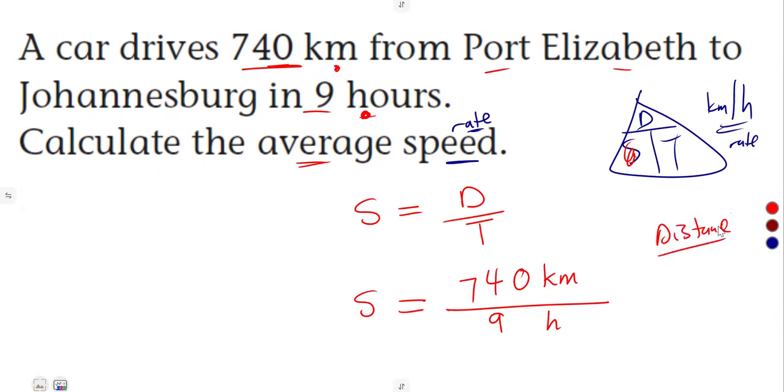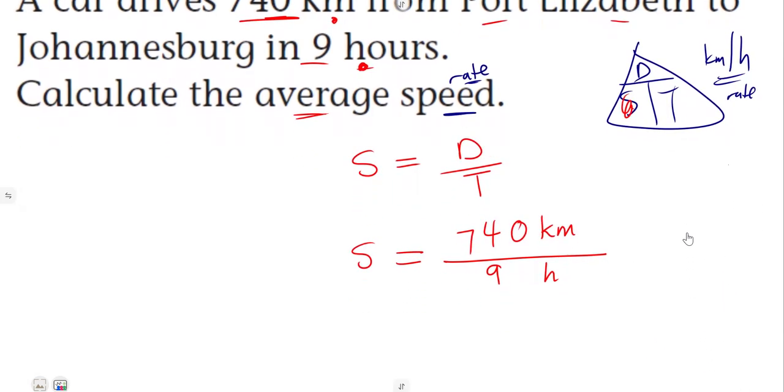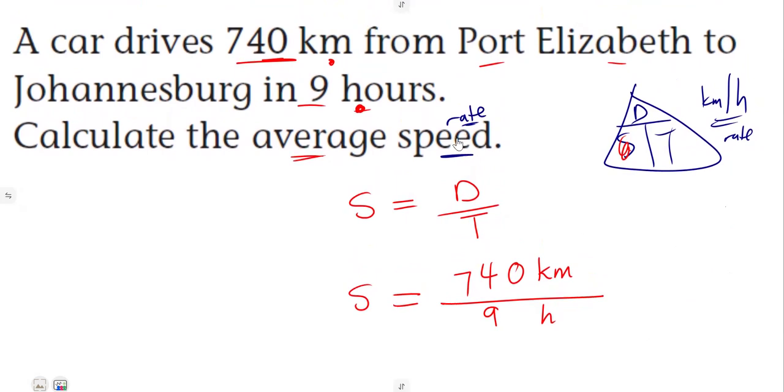When you say kilometers, meters, that is part of distance. Time is hours, minutes, seconds. So we have kilometers per hour at the end of the day, which is the rate. The average speed is a rate.